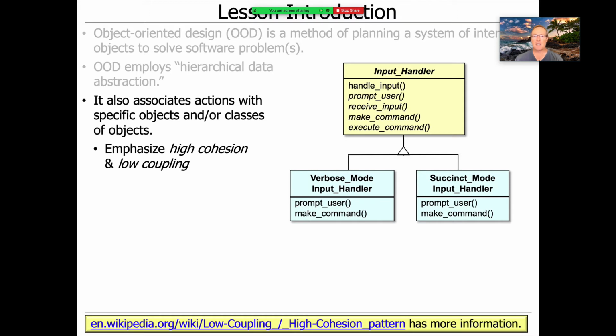So if you have a class that has a half dozen methods in it that are cohesive, you can probably get your head around that. If you have a class with 300 methods in it, then you're really at a loss to try to figure out what the heck this class does. And oddly enough, there are abstractions today that are incredibly popular that literally have hundreds of methods for each class.